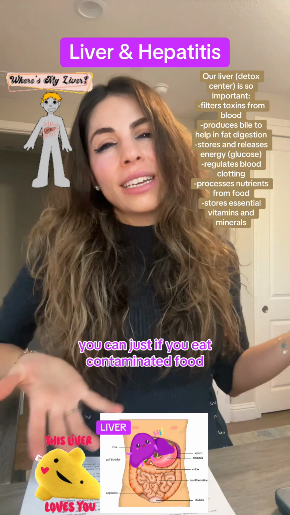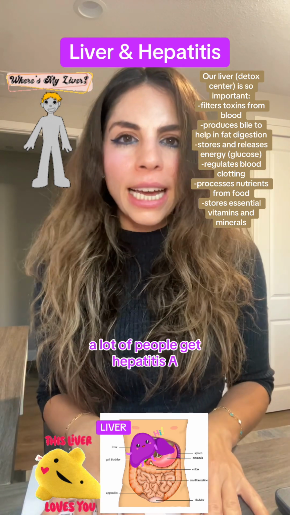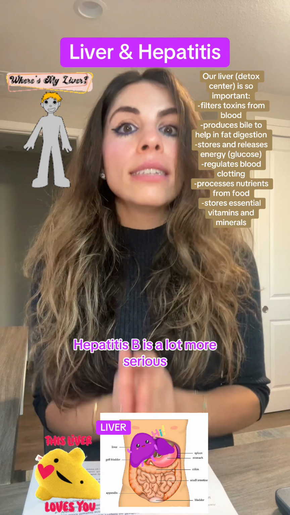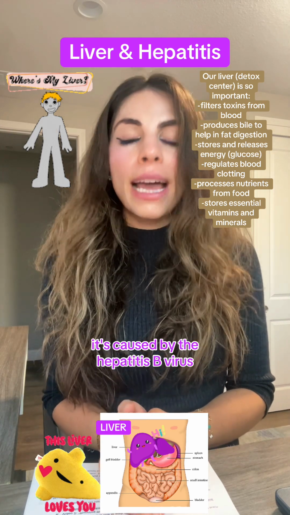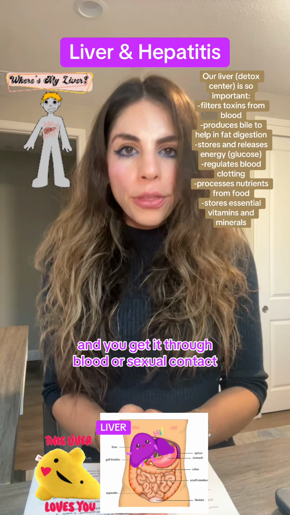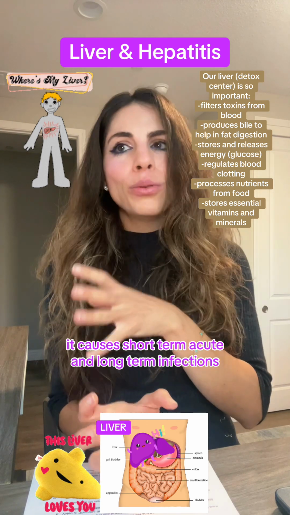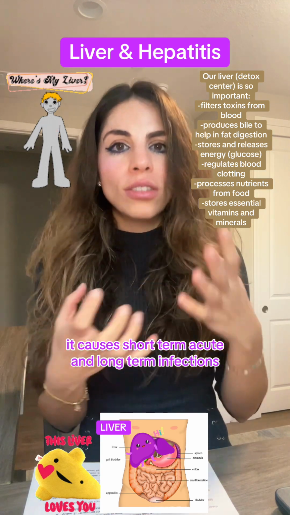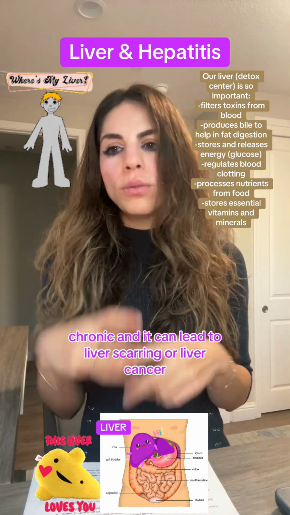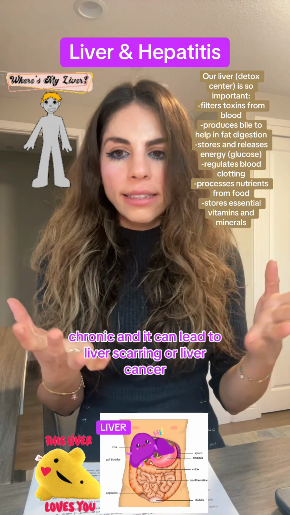If you eat contaminated food, a lot of people get hepatitis A. Hepatitis B is a lot more serious. It's caused by the hepatitis B virus, and you get it through blood or sexual contact. It causes short-term, acute, and long-term, chronic, infections, and it can lead to liver scarring or liver cancer.